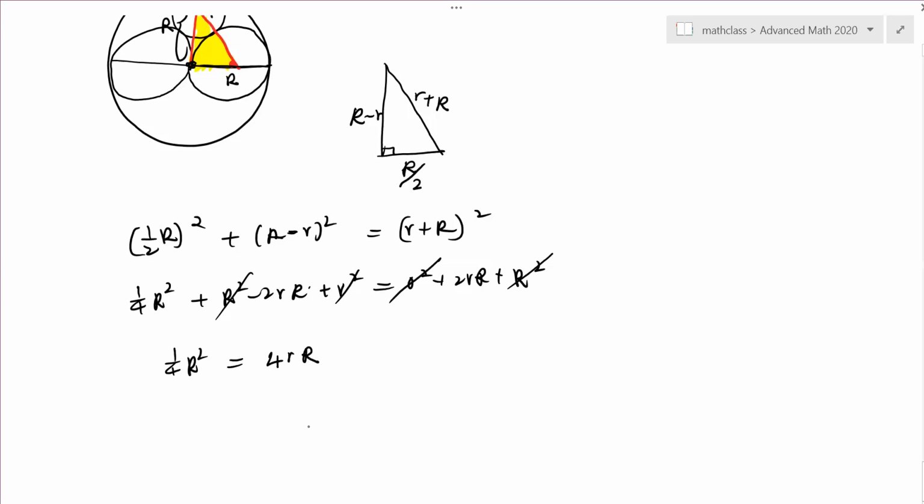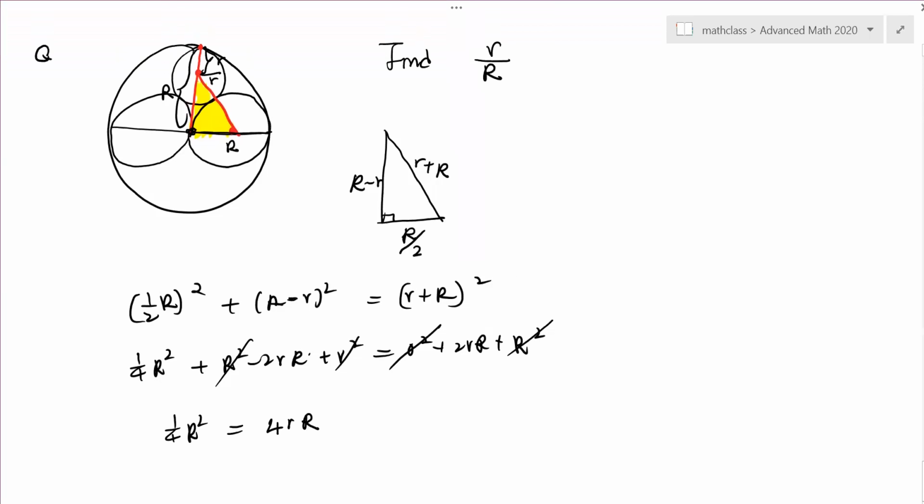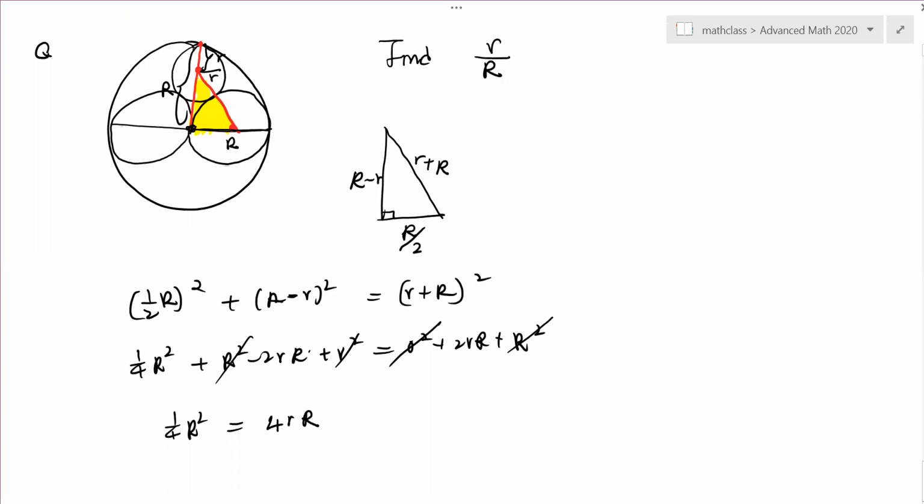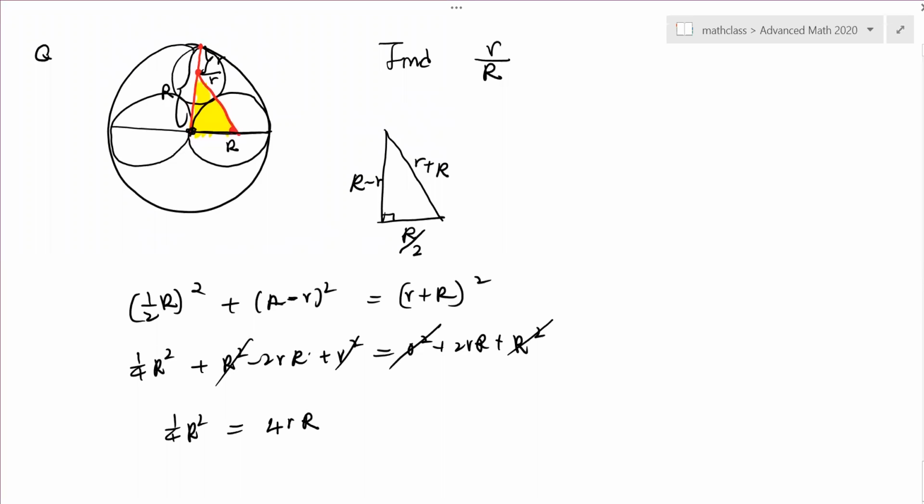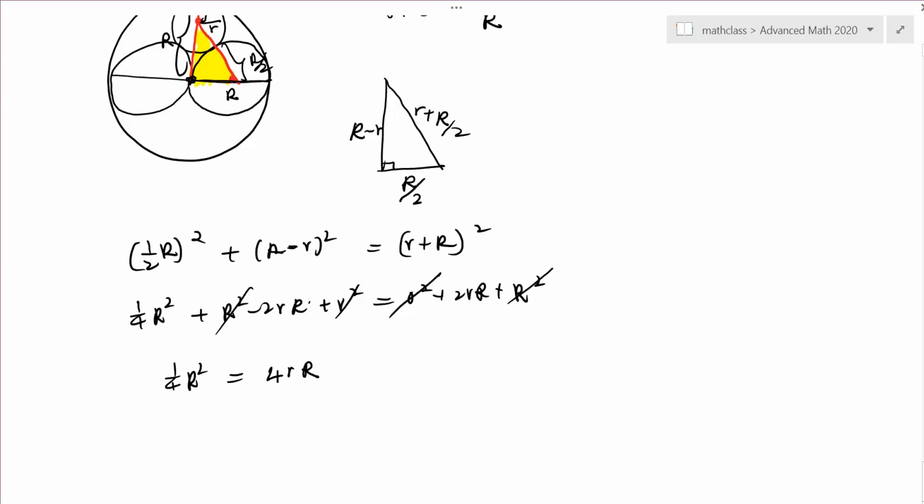Okay, hold on. Let me double check my computations now. I think I made a small mistake here. This side is half of R, because from here to here is half of R. Yeah, so that is a half of R. Add them together.